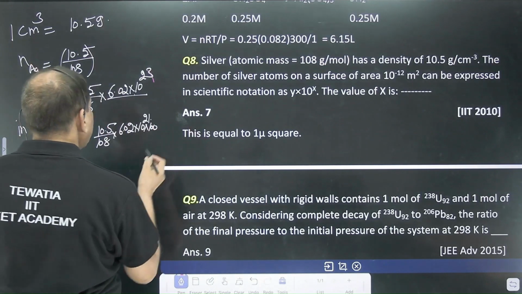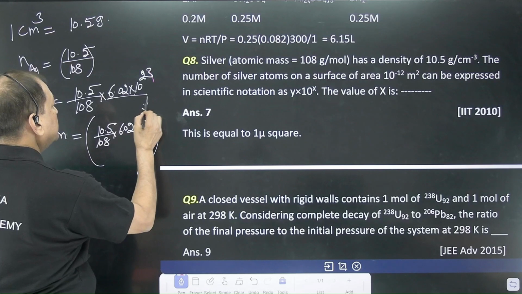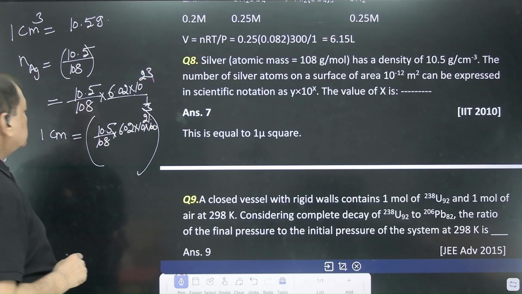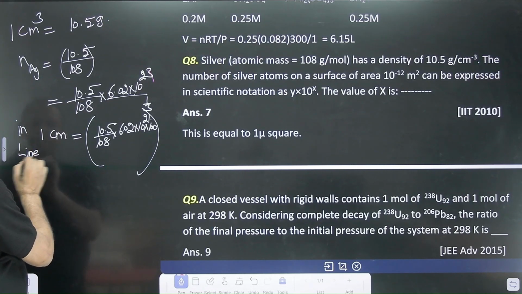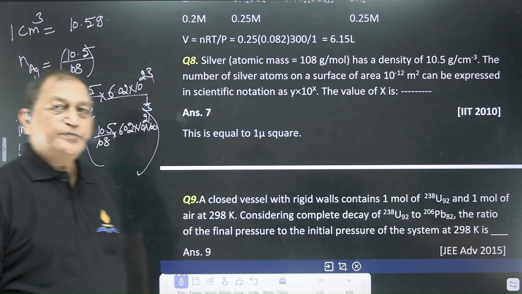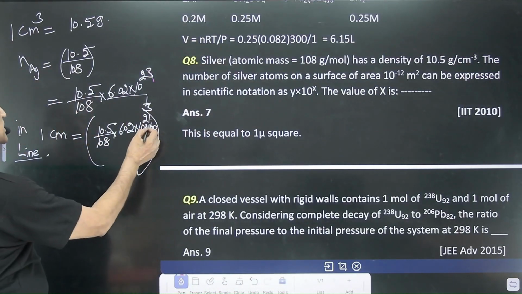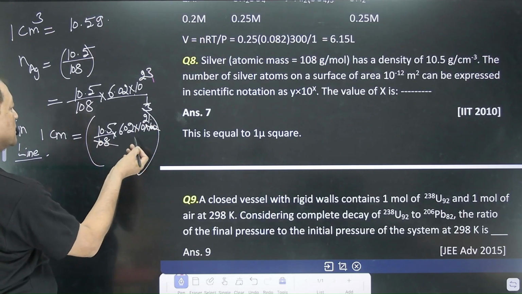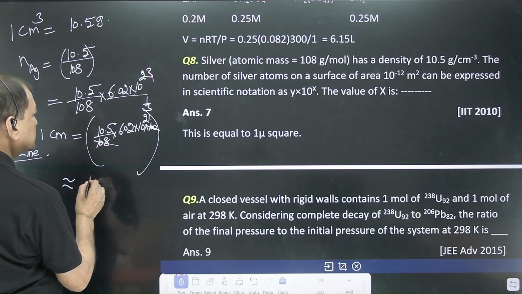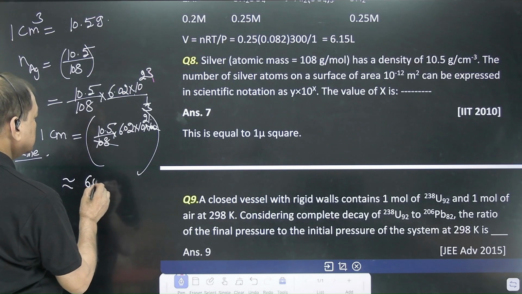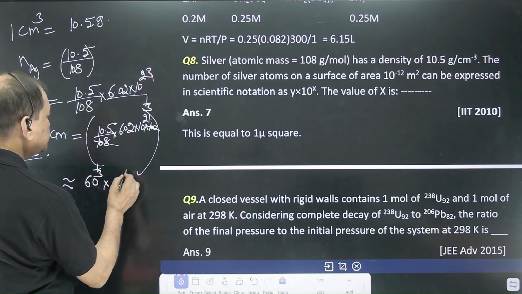So roughly, taking the power 1 by 3, in 1 centimeter line, this much atom will be there. So this 100 roughly I can cross like this. It will be roughly something like 60 cube root into 10 raised to power 7.